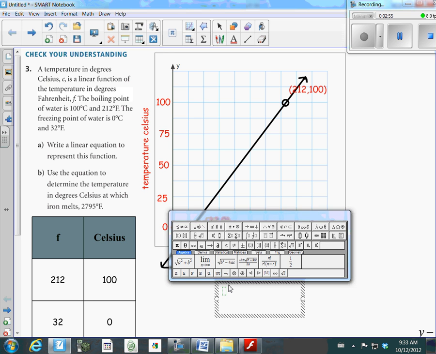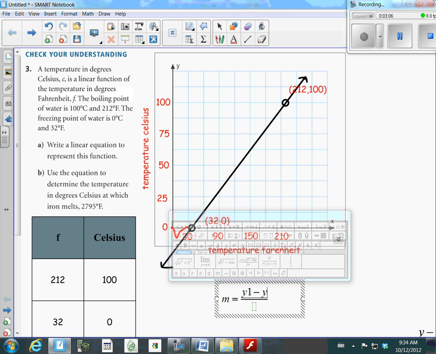So you remember your slope formula, m equals fraction y1 take away y2 divided by x1 take away x2.